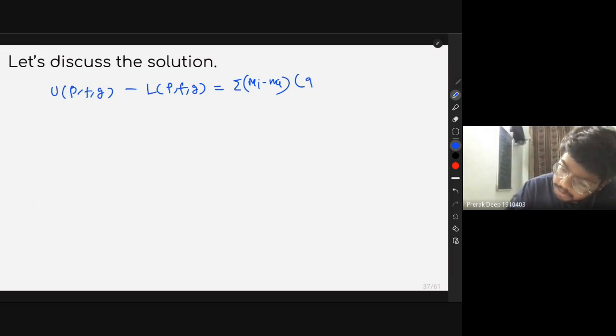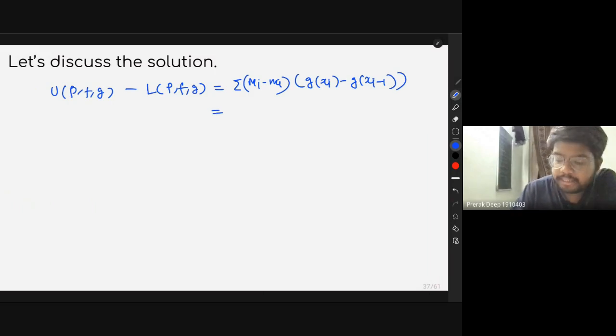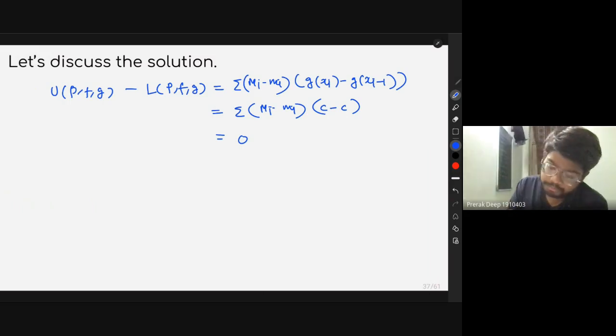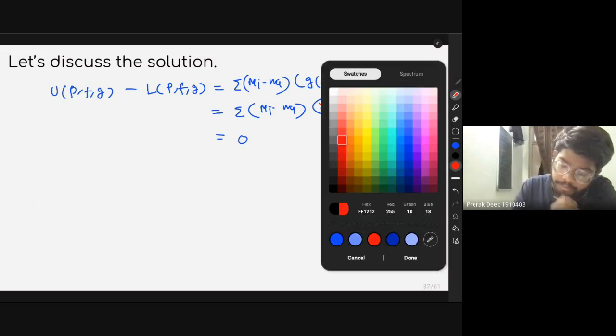Now in this case it is g of xi minus g of xi minus 1, correct? Now what is g of xi? It is c. And this is also c, so c minus c, Mi minus mi. Now this is going to be 0, because 0 times something is 0. So this is going to be 0.